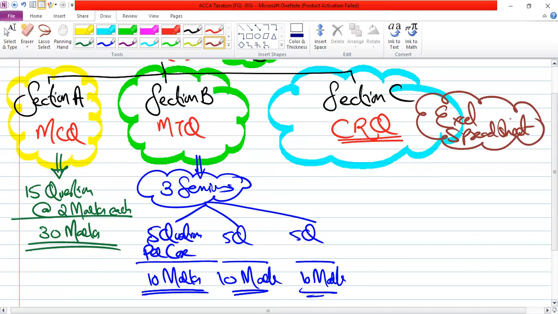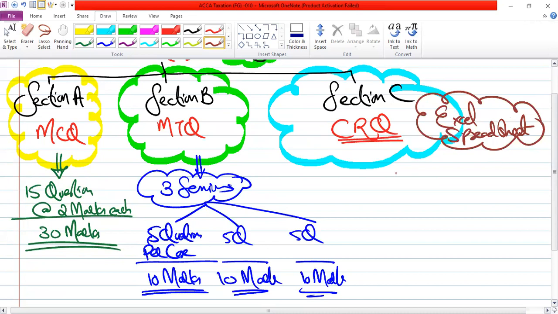Half of the screen will show the question. Once we do practice, we will see how the platform is working, and you can check the platform under your ACCA Global login ID. You can log in and find the ACCA platform. Over there, you can see how the spreadsheet looks. We will go through it later on.